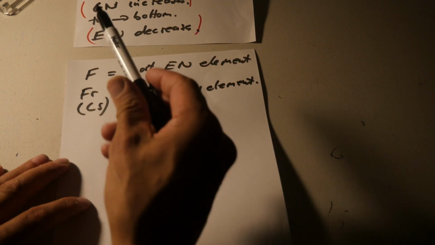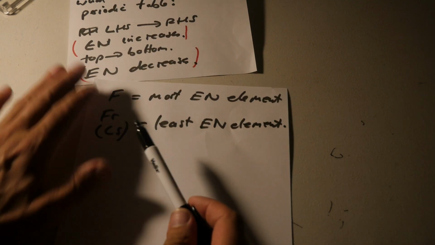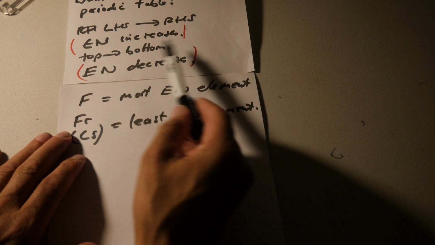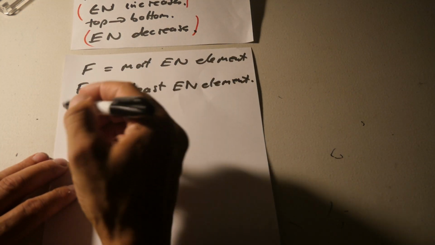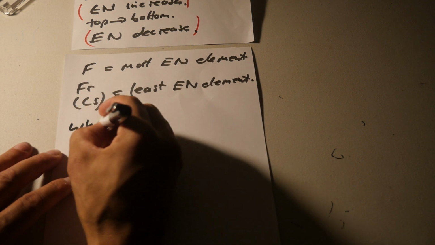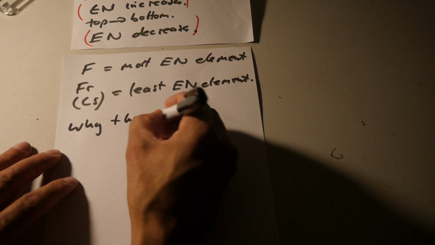So why does electronegativity increase as you go from left to right and decrease as you go from top to bottom? Why the patterns?